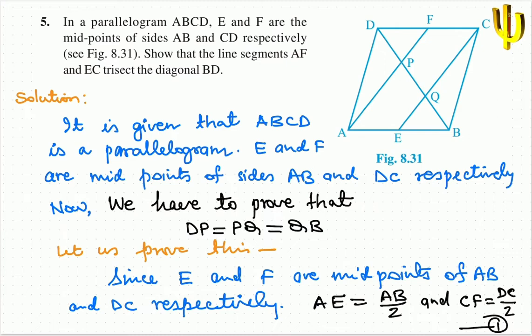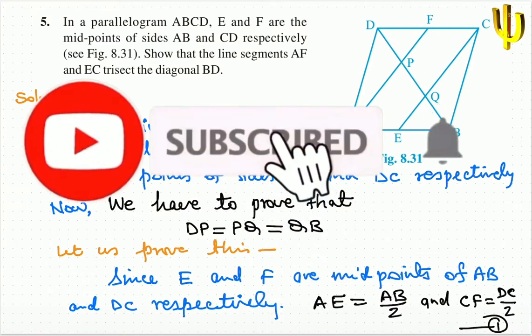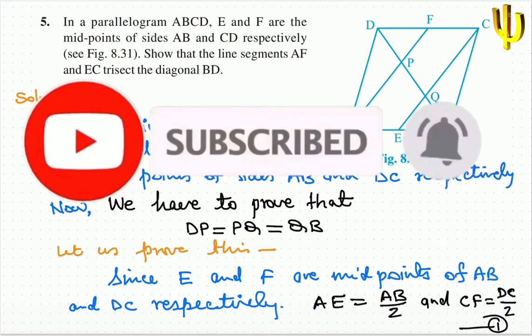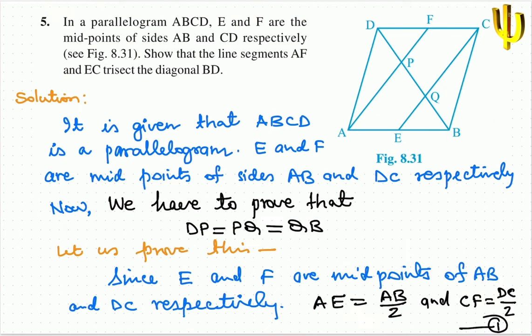That means we have to show that these three parts are all equal, and that the line segments AF and EC trisect this BD.